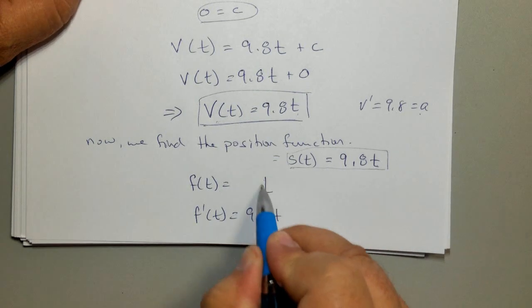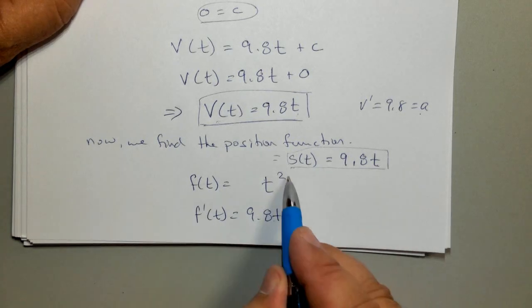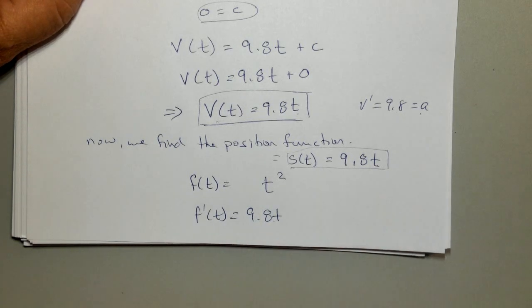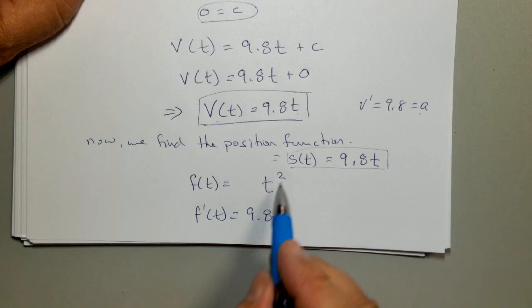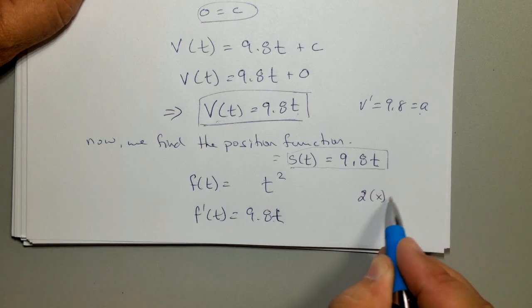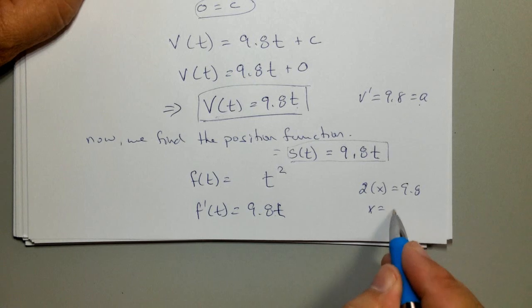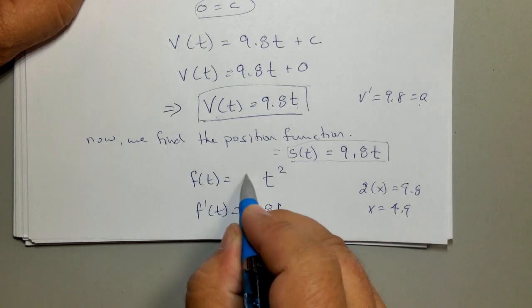Remember, what does t have to have on it? Squared. Because if f of x is t squared, then the derivative brings down the 2, and we get t. So 2 times what equals 9.8? 4.9.